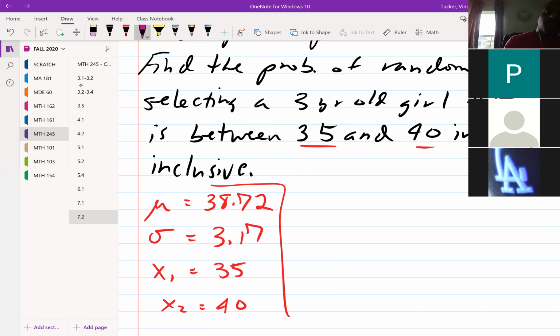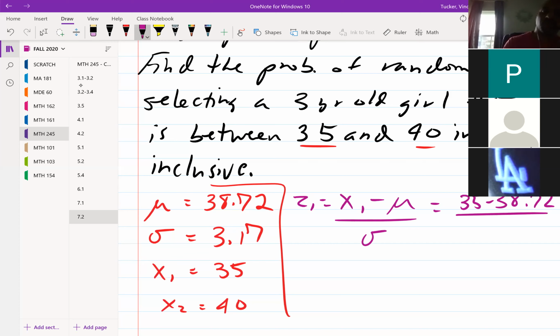All right, so let's go. First z-score is going to be this setup. That's negative 1.17.